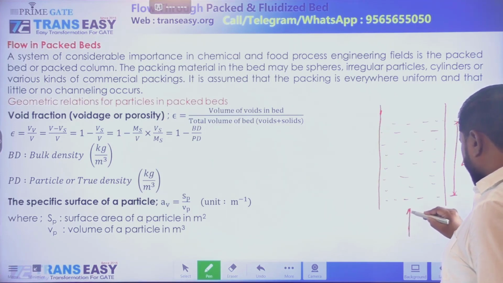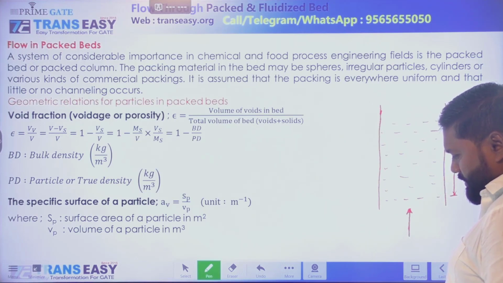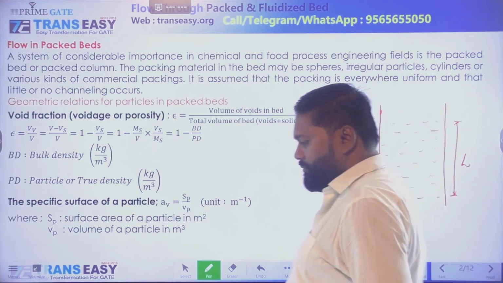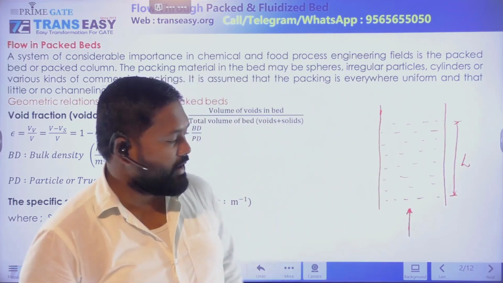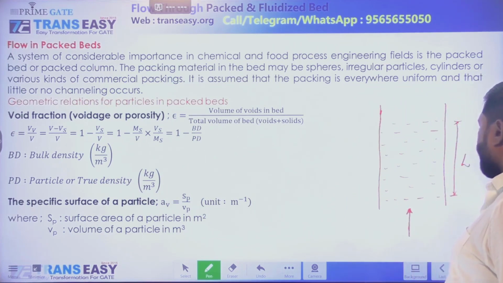Fluid is flowing in upward direction through this packed bed, with some velocity. This is called a packed bed, right?